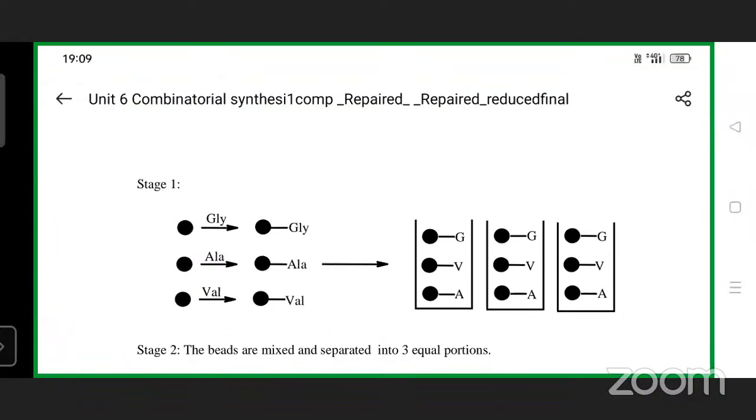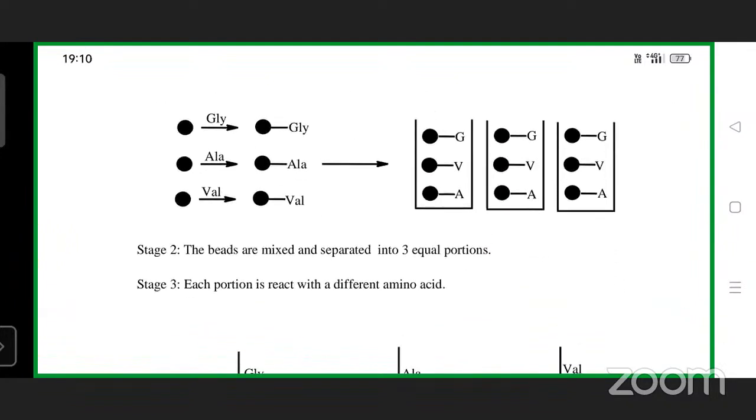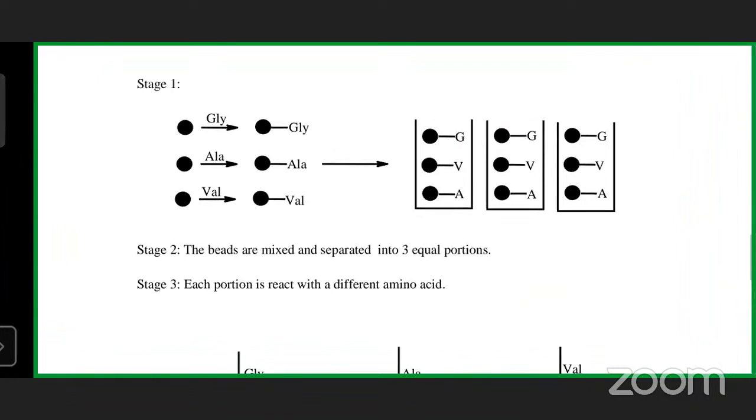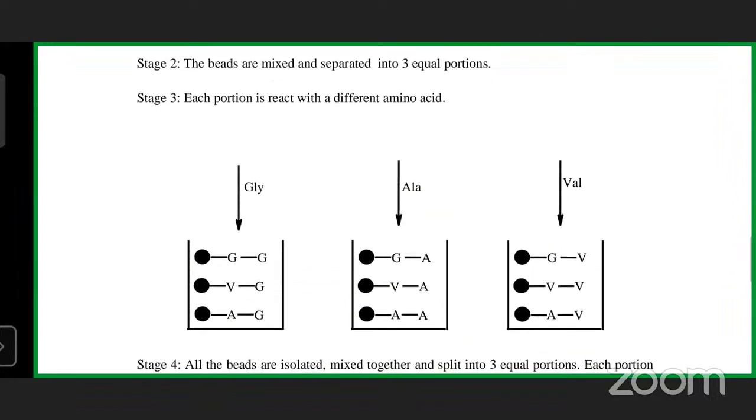In the second step, you take the resin bead attached amino acids into 3 reaction vessels. In the third step, you add 3 different amino acids in each reaction vessel. Then you get these 3 dipeptides in each reaction vessel.